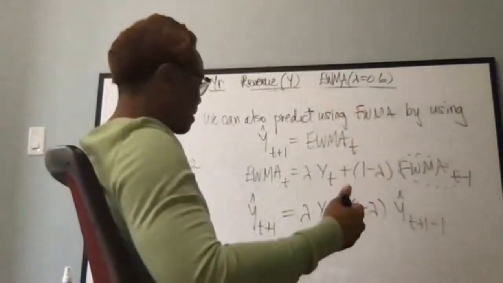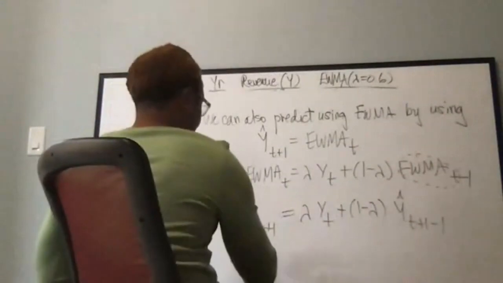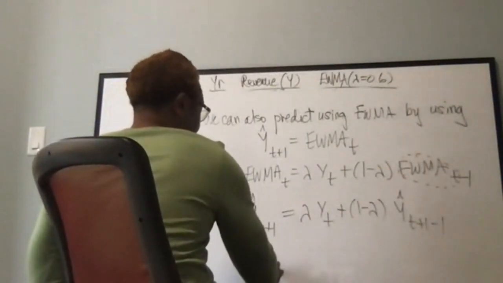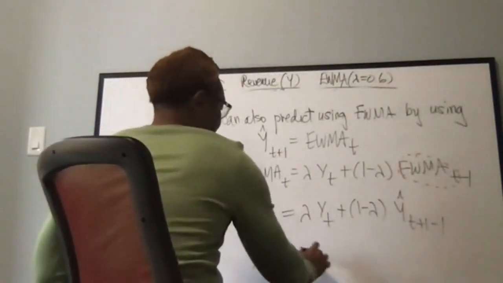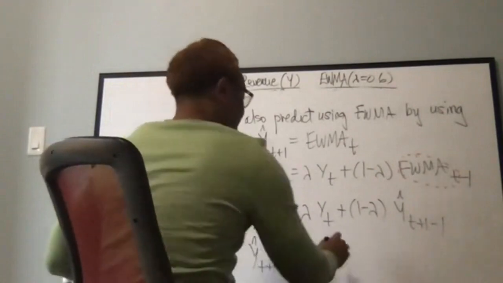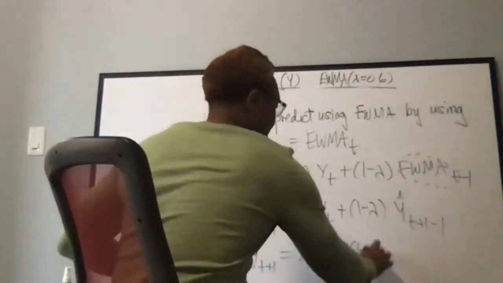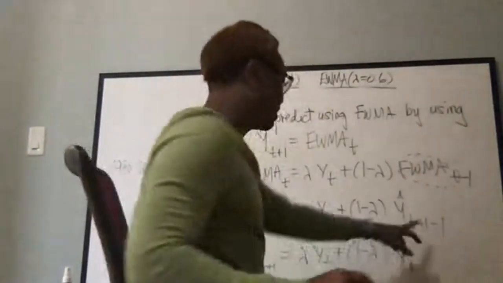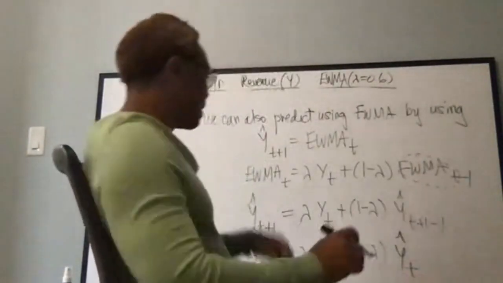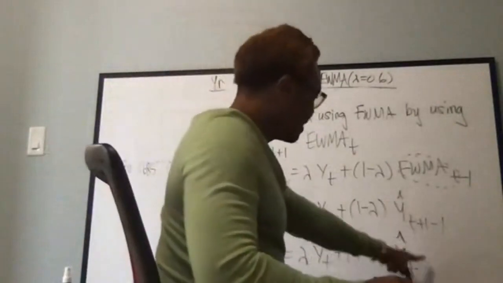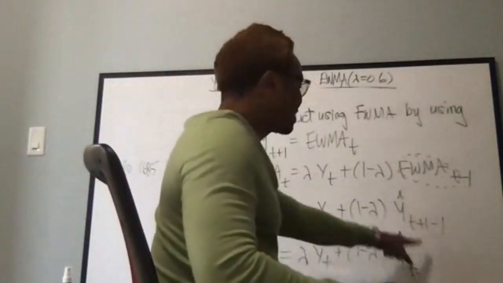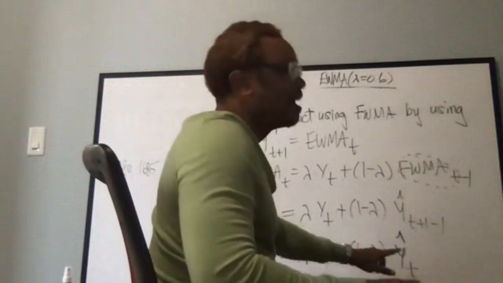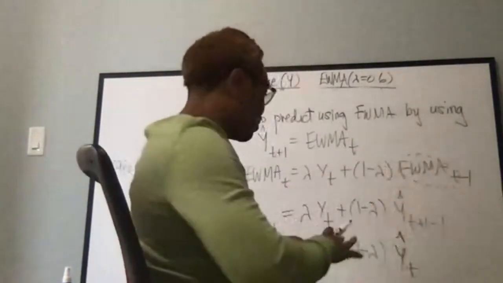What does that boil down to? Y hat of T+1 equals lambda times yt plus 1 minus lambda and just y hat t. The 1 minus 1 cancels out. And we find that this is simply equal to the last smoothed EWMA value.